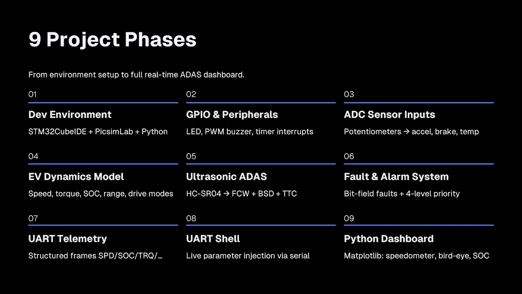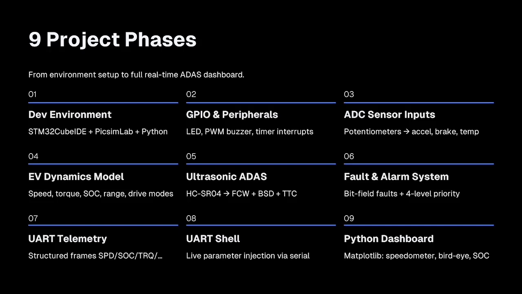Thirdly, the ADC sensor inputs were given from the potentiometers for generating the values of the acceleration, brake, and temperature. Then the EV dynamics model was implemented to calculate speed, torque, battery charge, driving range, regenerative braking, and driving modes. Next, the ultrasonic ADAS uses HC-SR04 ultrasonic sensors for calculating forward collision warnings, blind spot detections, and time to collision values.